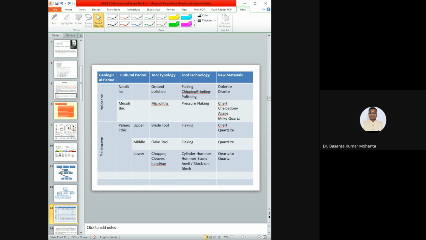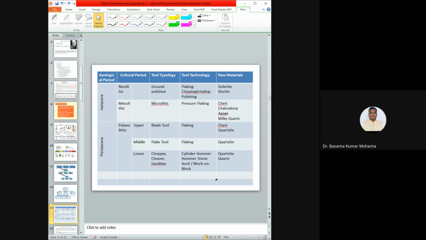So when we are discussing the raw material, meaning the main stone used for preparing these stone tools, it includes quartz and quartzite for the chopper, cleaver, hand axes. For flakes, basically quartzite.